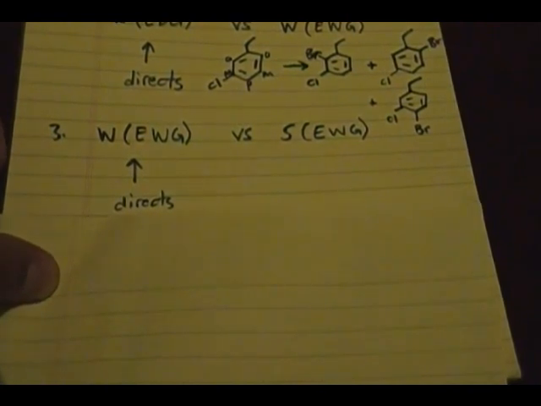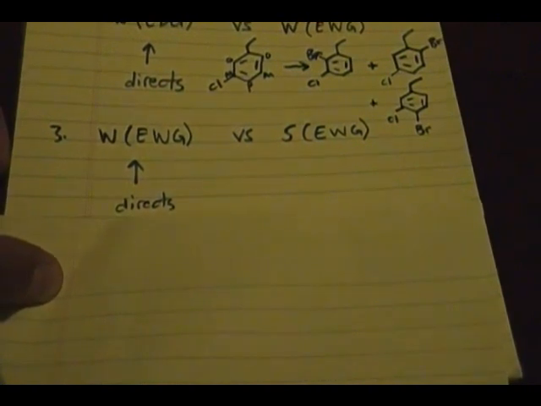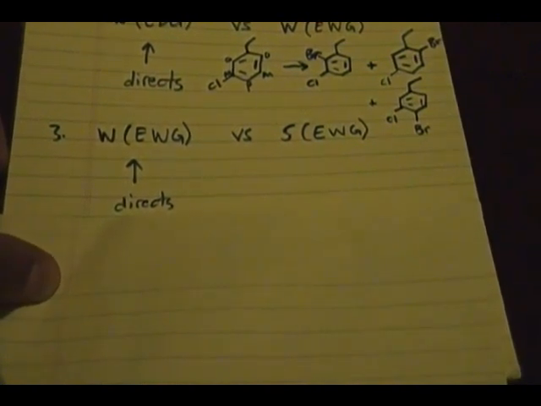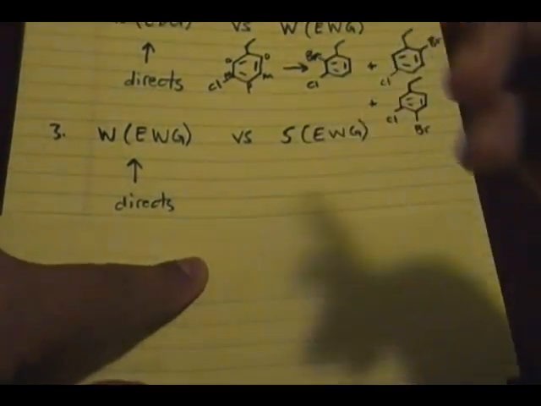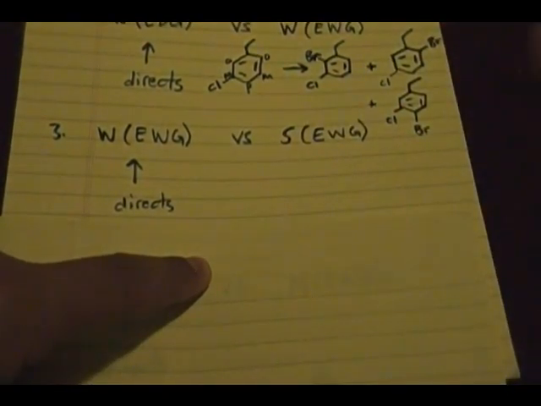Halogens do not direct the incoming group to the meta position like all typical electron withdrawing groups do. Halogens are similar to electron donating groups. Even though they're withdrawing groups, they direct the incoming group to the ortho and para position. So that's the only exception you guys need to be aware of.